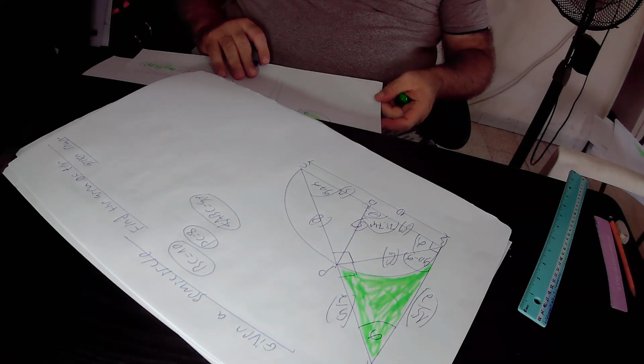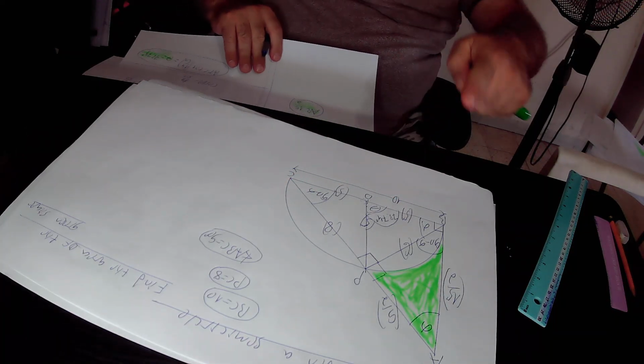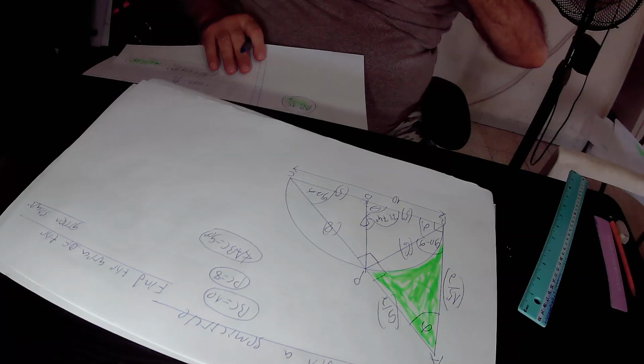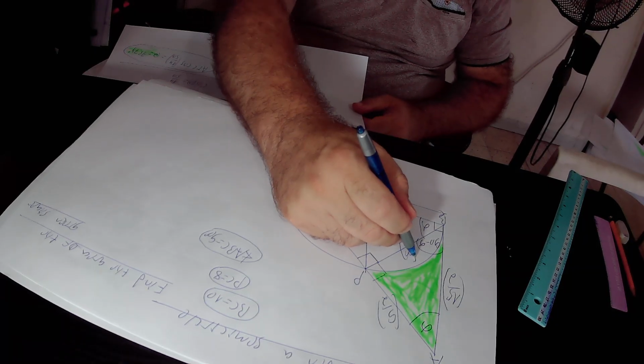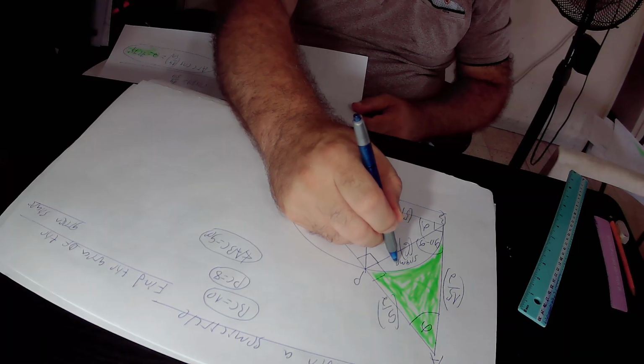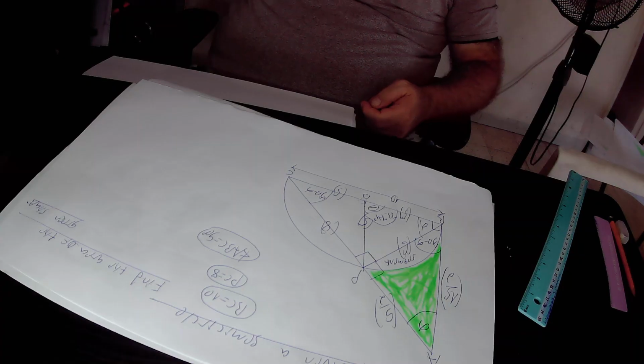So our task is to find out the area of this green shape. In order to find out the area of the green shape, we have first of all to find out the area of this segment BP. So what is the area of segment BP?